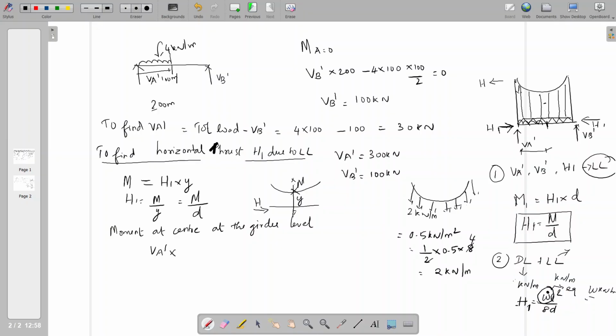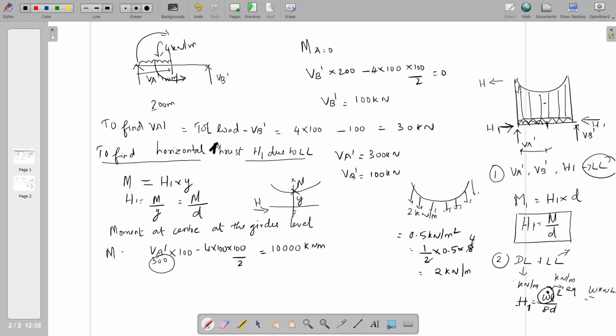VA dash into the central distance 100. It is rotating in this direction. Load is rotating in the opposite direction. Minus 4 into 100 into 100 by 2, and we have VA dash as 300. If you substitute this value, you will get the bending moment as 10,000 kilonewton meter.